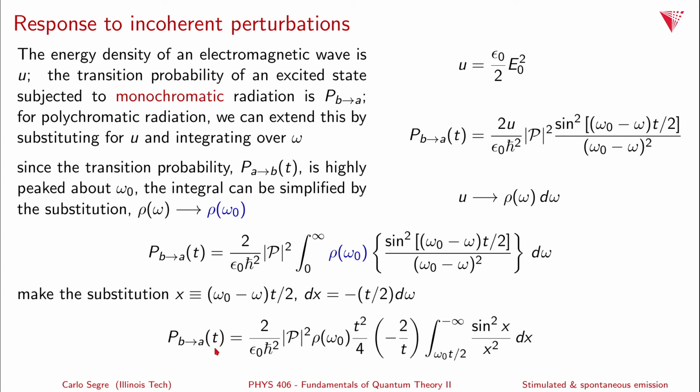P of b to a of t is equal to 2 over epsilon 0 h bar squared, the polarization squared, rho of omega 0, t squared over 4, times minus 2 over t. The t squared over 4 comes from the denominator here of omega 0 minus omega squared. Integral from omega 0 t over 2 to minus infinity of sine squared x over x squared dx.